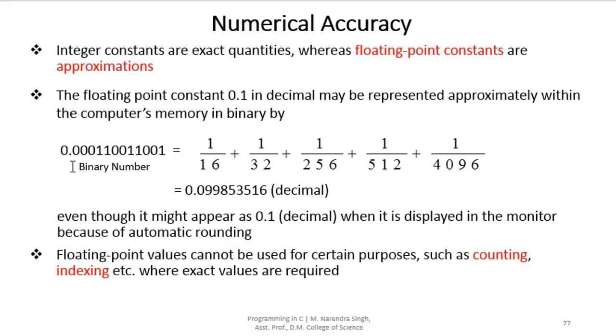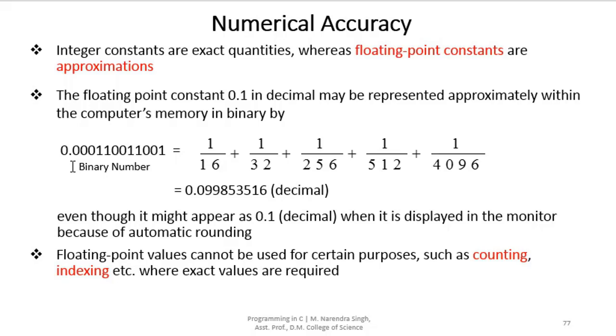The next two digits are 0 and the last digit is 1. Its place value is 1 by 2 to the power 12, which is equal to 1 by 4096. If you add up 1 by 16, 1 by 32, 1 by 256, 1 by 512, 1 by 4096, it is approximately 0.099853516 in decimal.